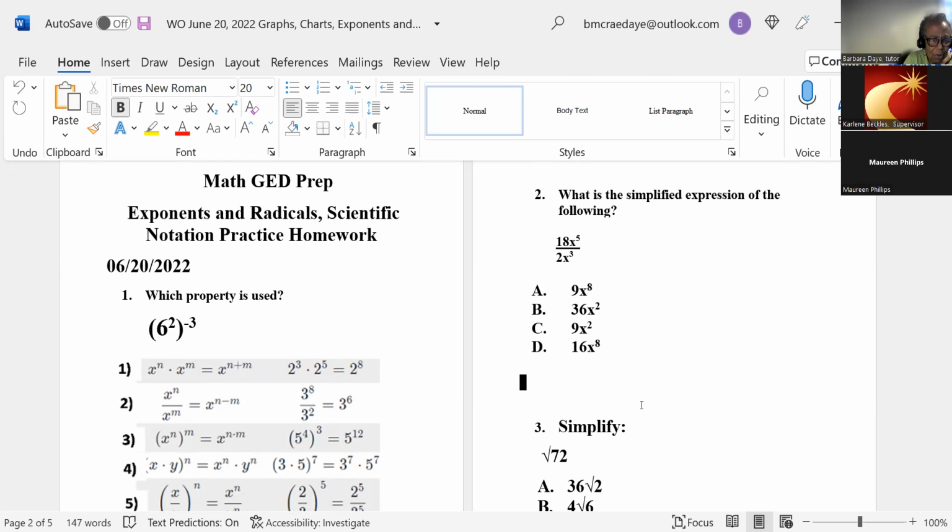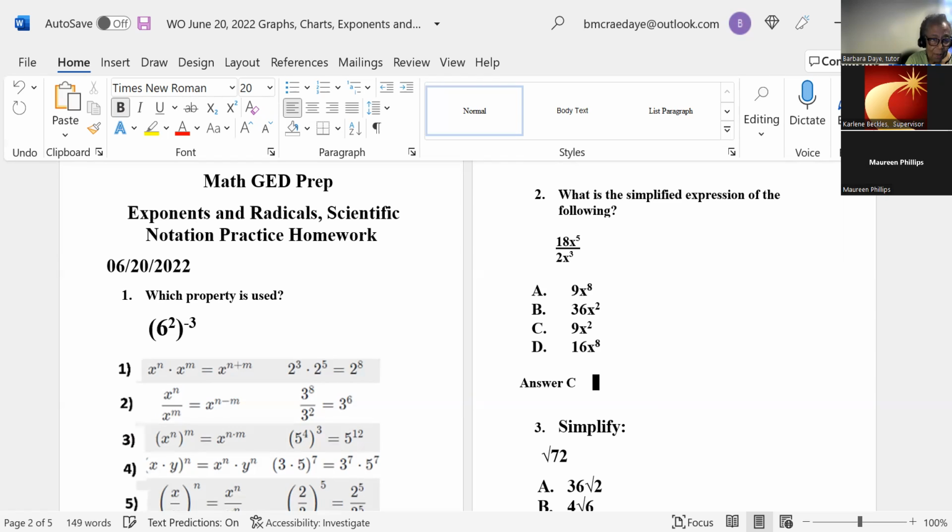Okay. So you can do it either way you want. You can do the powers first and then the division, or you can do the division first. Okay. So you took 3 from 5 and you got a 2. And then you divide 18 by 2 and you got what? 9. So your answer is what? C. Okay.